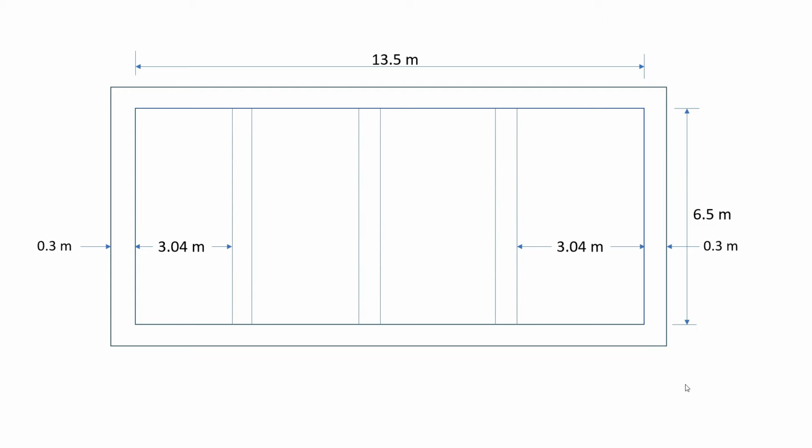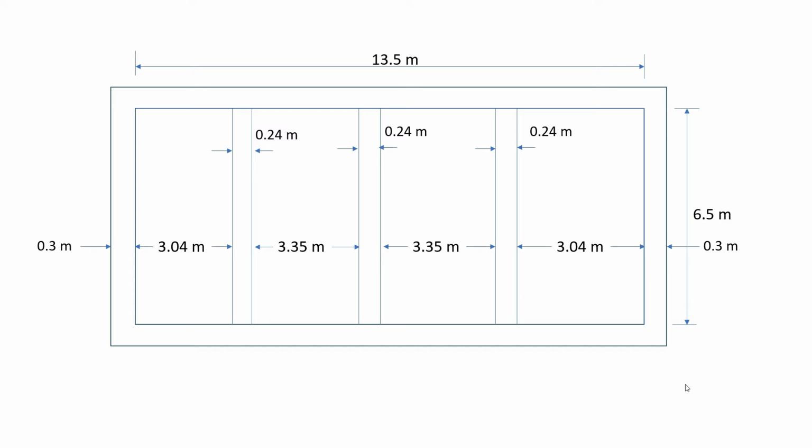Here we want to design the slab for a hall of length 13.5 meters and width of 6.5 meters, and the slab is supported at the ends by 300 mm thick walls. The slab is divided into 4 panels. The width of the end panels is 3.04 meters, while the width of the interior panels is 3.35 meters.